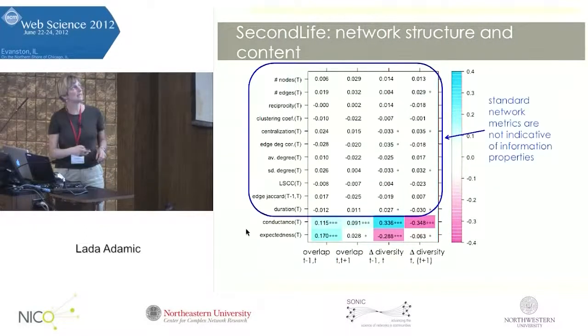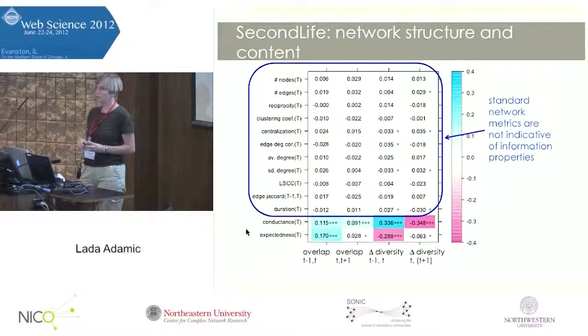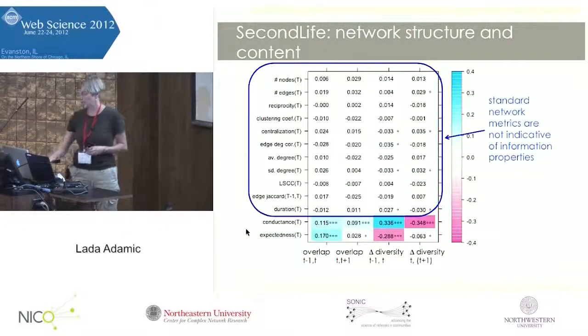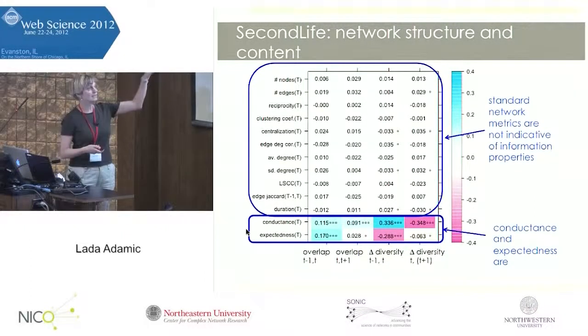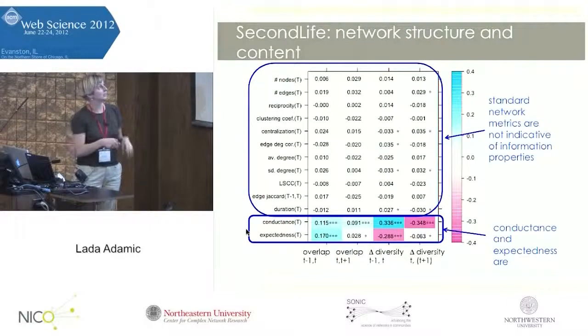And what you can see is that most of the network metrics actually don't correlate with properties of the information of what's being traded, but our conductance and expectedness measures do. So for example, when the conductance is high, you have high diversity in what's being traded.